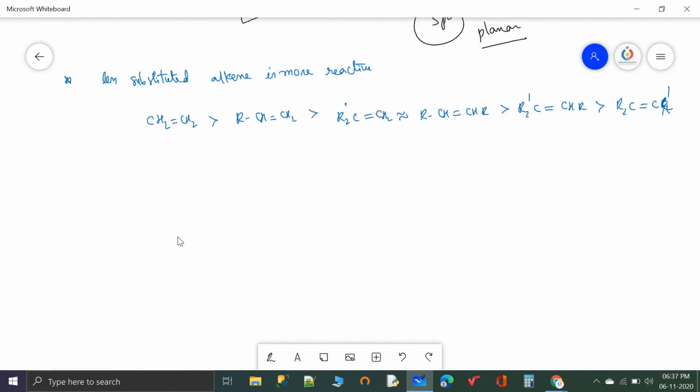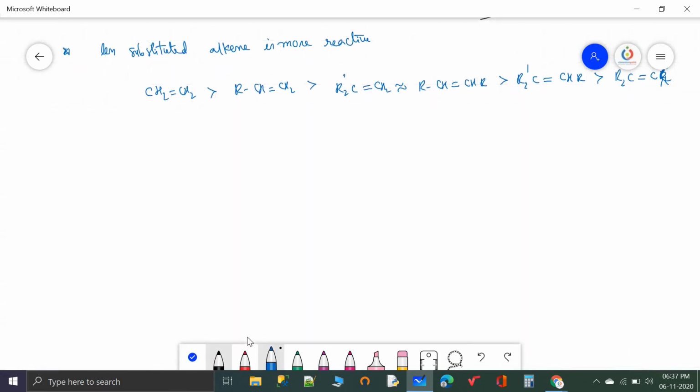Now, let us see some of the chemical reactions of these alkenes. The first one is addition reactions. In these addition reactions, first of all, let's write down another reaction, that is the reduction reaction. Reduction means you just take the alkene.